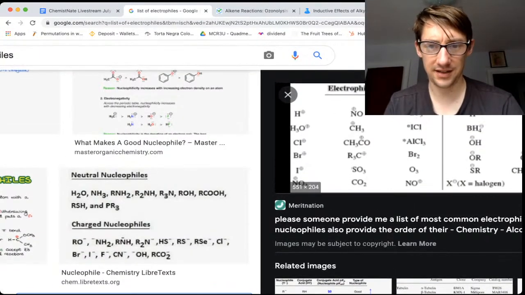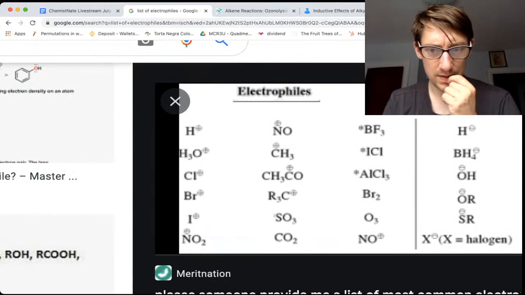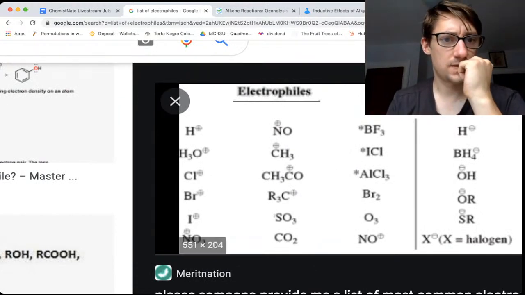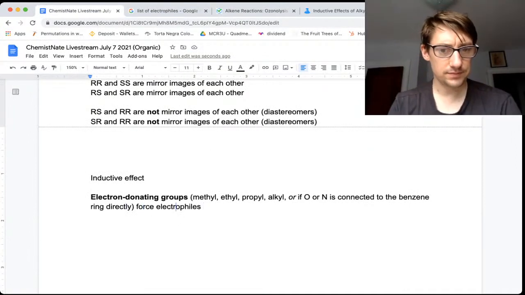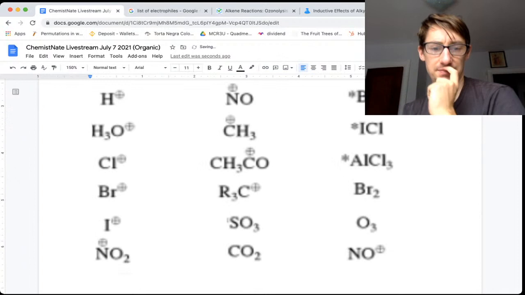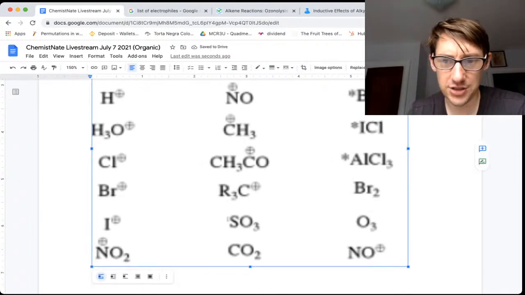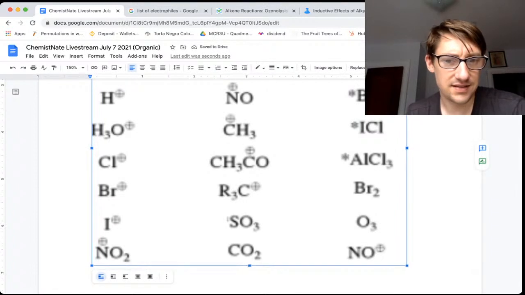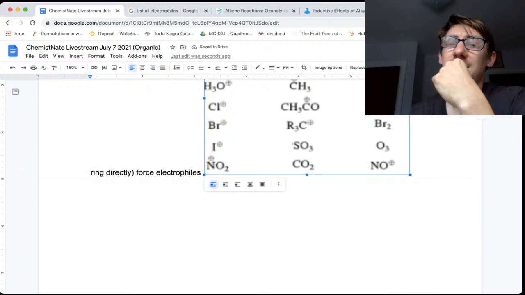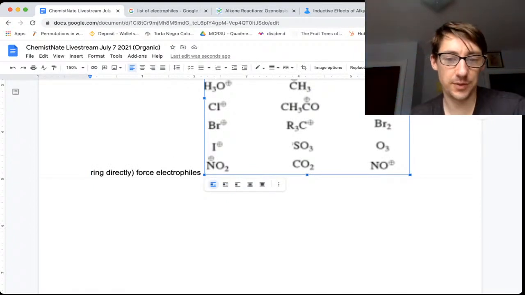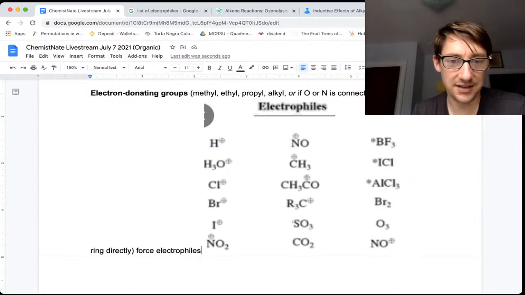We always go with, like, bromine for something like that. Do these all have something in common? They all kind of have positive charges. Br2 counts for that because you can London dispersion force your way into having a slightly positive bromine atom.